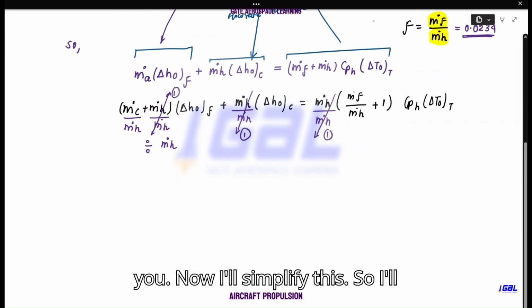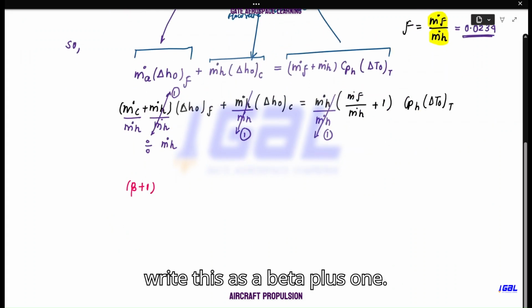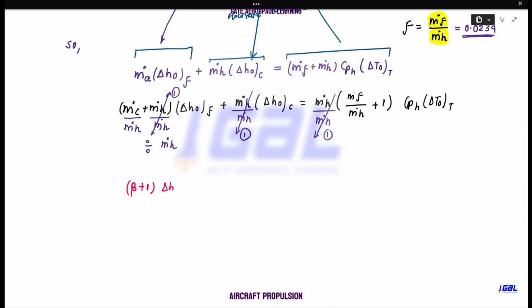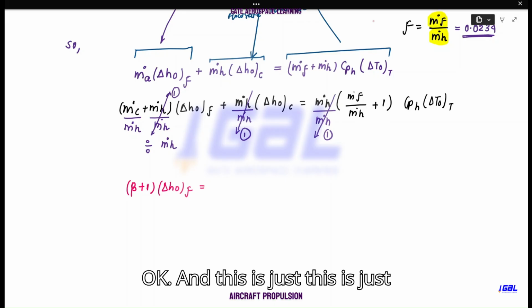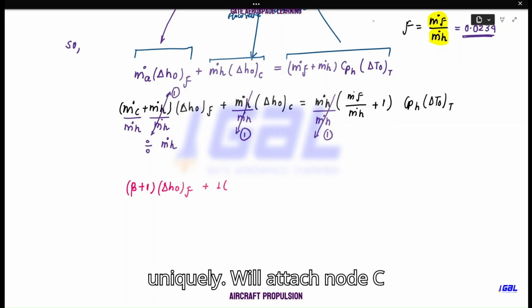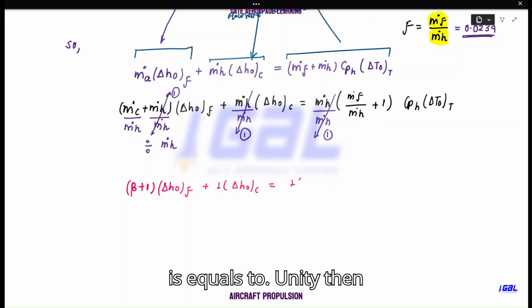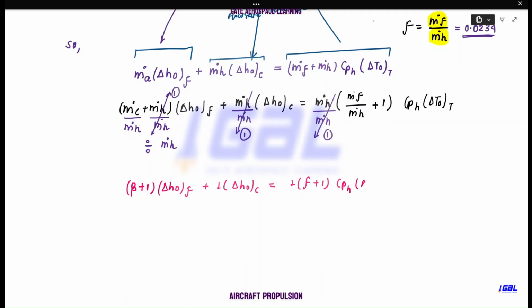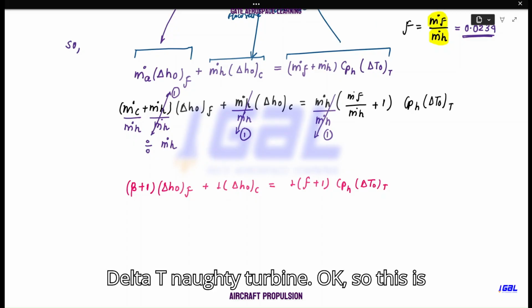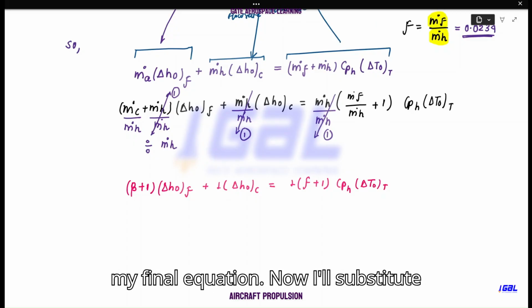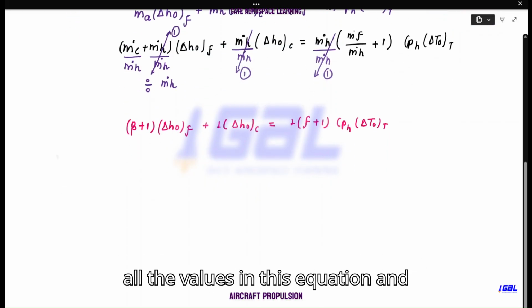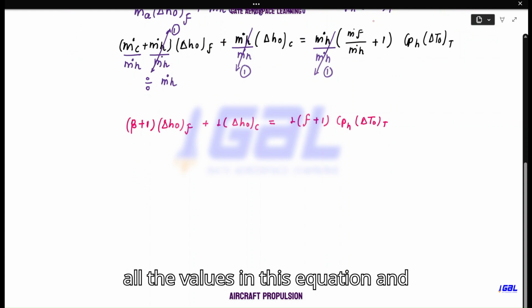Now I'll simplify this, so I'll write this as beta plus 1 delta h naught f, and this is just unity. Delta h naught c is equal to unity, then this is fuel to air ratio plus 1 cph delta t naught turbine. Okay, so this is my final equation. Now I'll substitute all the values in this equation and simplify for beta.